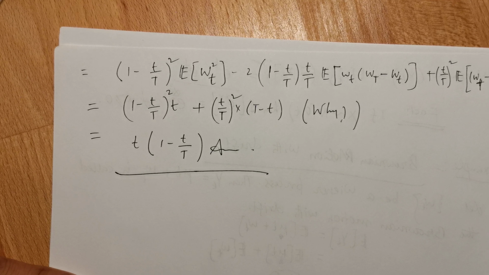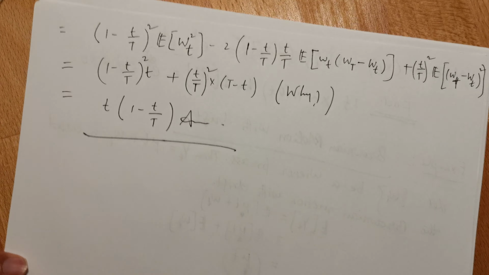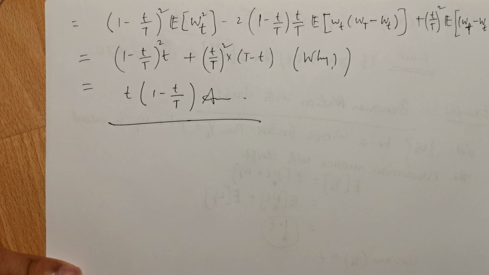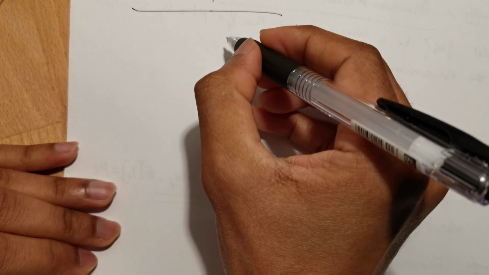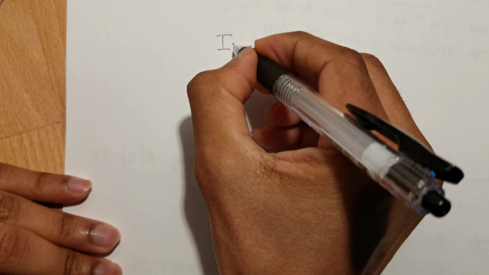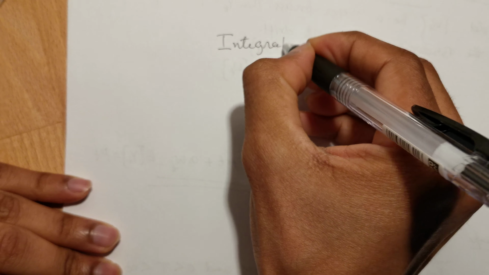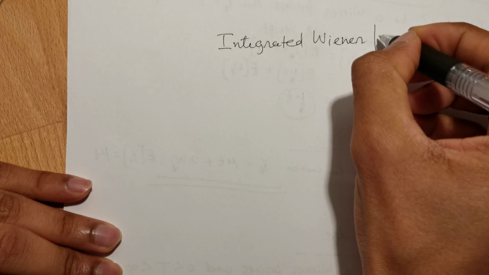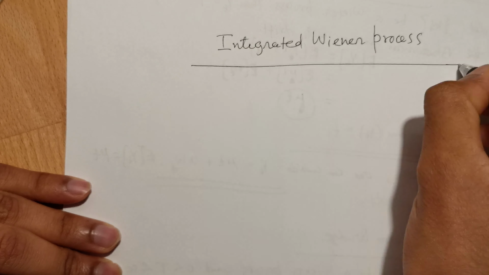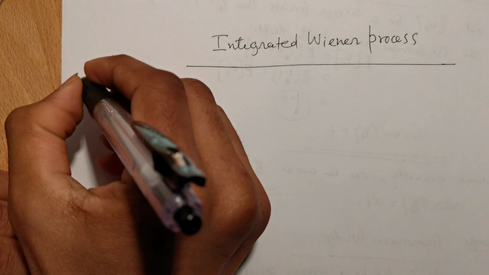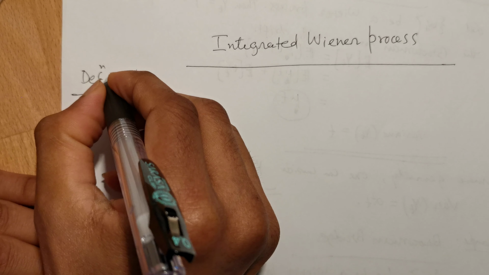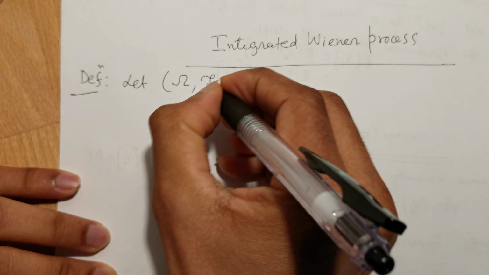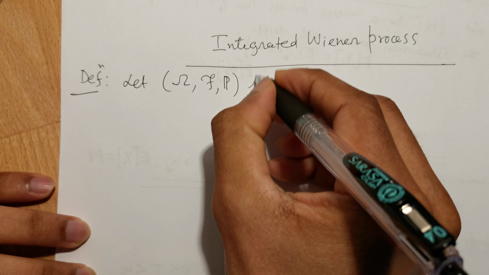Now we will start another sort of different process from the Wiener process, which is called the integrated Wiener process. What is the definition? Let omega, F, P be a probability space.